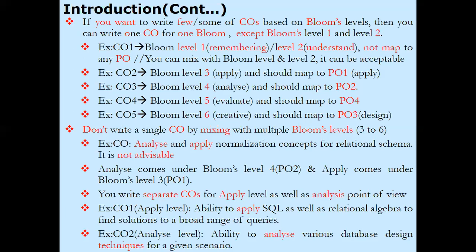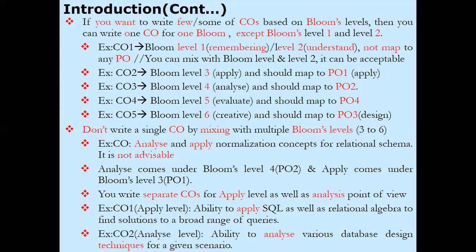Here, we are mixing Bloom's level 1 and level 2, since these are the lower levels of Bloom's taxonomy. Based on that, if you're writing the CO, it will be acceptable.